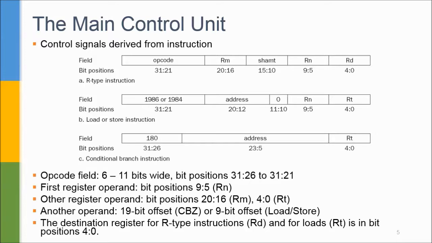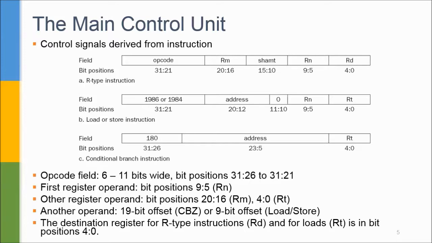The shift amount field, SHAMT, is used only for shifts. We will ignore it in this section. The second instruction format is load and store.